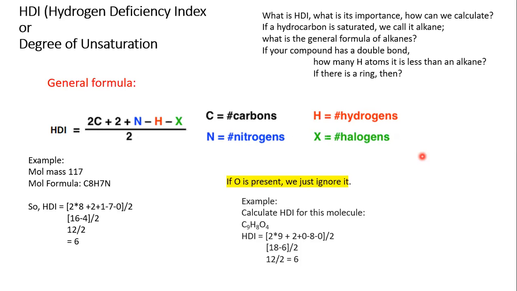So we know the general formula of alkanes. And if our compound has a carbon-carbon double bond, then of course for each double bond there will be 2 hydrogens less, and so on. Similarly, if we have a ring, a cycle in our compound, then for each cycle there will be 2 hydrogens less. So we already know this.